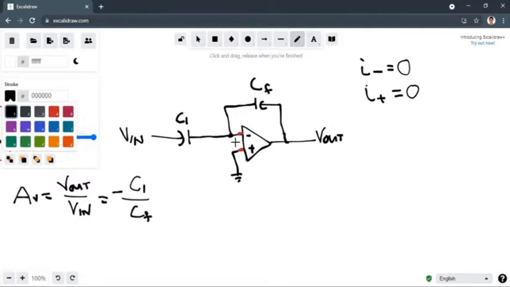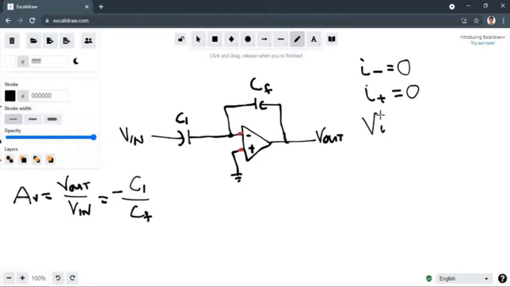Because the ideal op-amp has an infinite or very high input impedance. Okay, and then the voltage on the inverting side is always equal to the voltage on the non-inverting side. So those are some of the major special characteristics of an ideal op-amp.